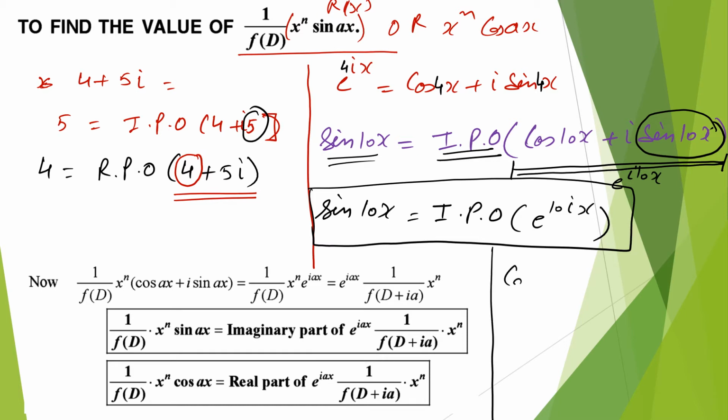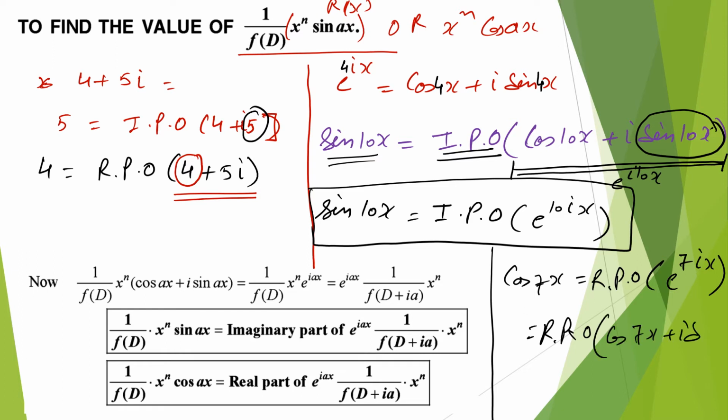Similarly for cos, suppose cos 7x is equal to the real part of e to the power 7 iota x, that is the real part of cos 7x plus iota sin 7x.